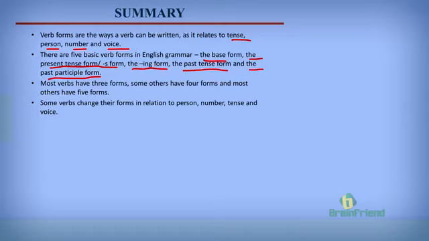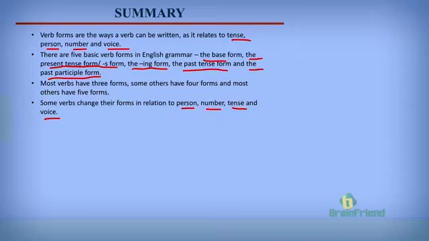We learned also that most verbs have 3 forms, some other verbs have 4 forms, and most other verbs have 5 forms. And lastly, we learned that some verbs change their forms in relation to person, number, tense, and voice.